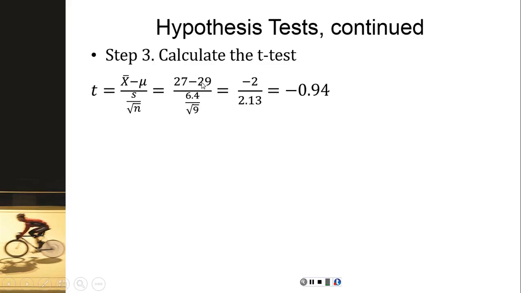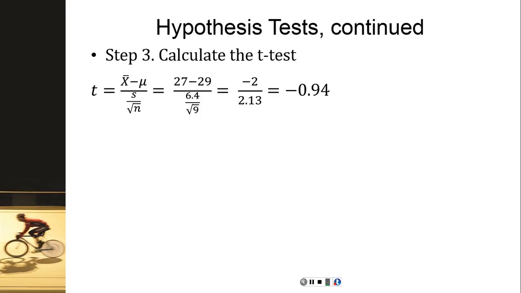Mu is 29 as the car manufacturer claimed. The sample standard deviation based on the 9 cars is 6.4, and there were 9 cars, divided by the square root of 9. So here are all the numbers, and the calculated t turned out to be negative 0.94.